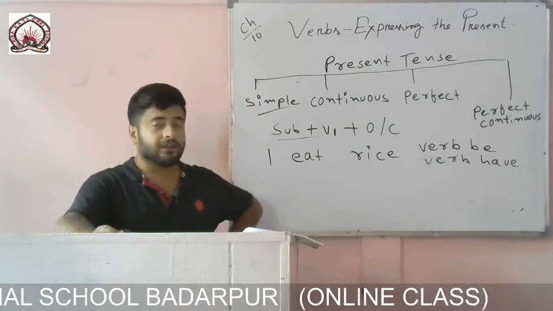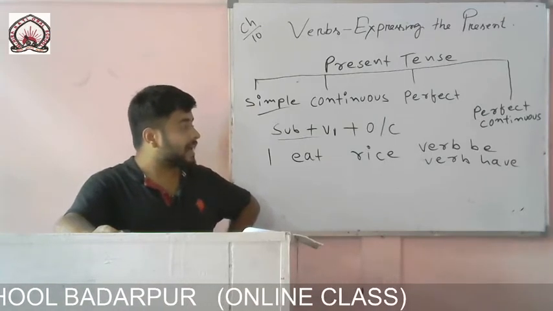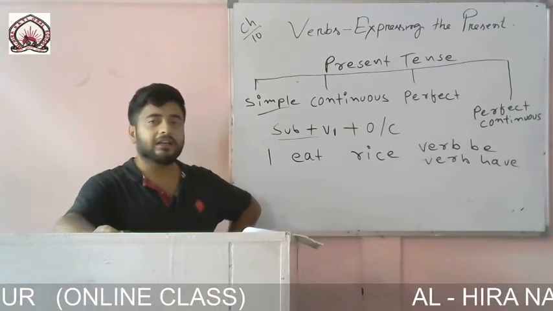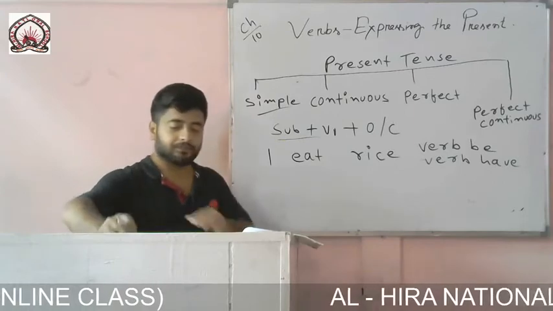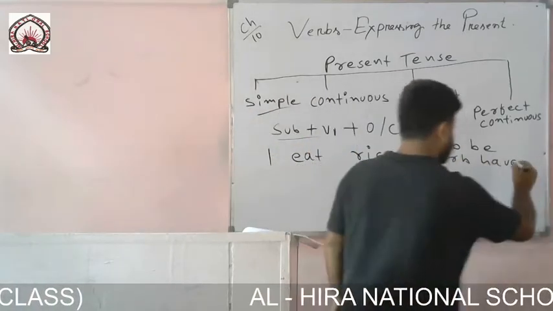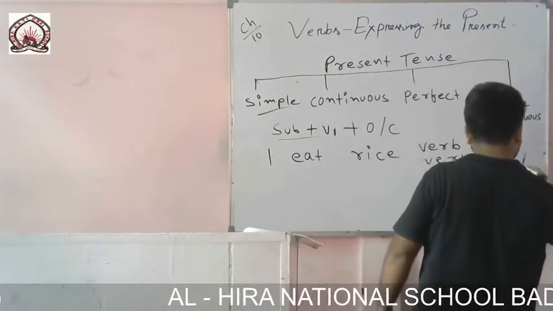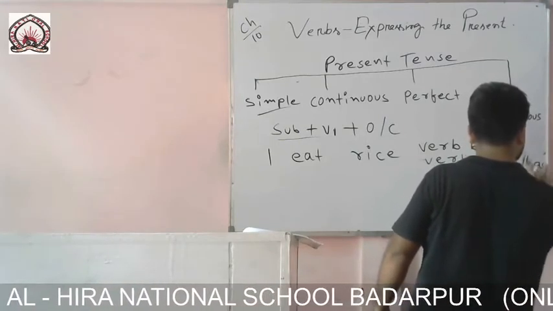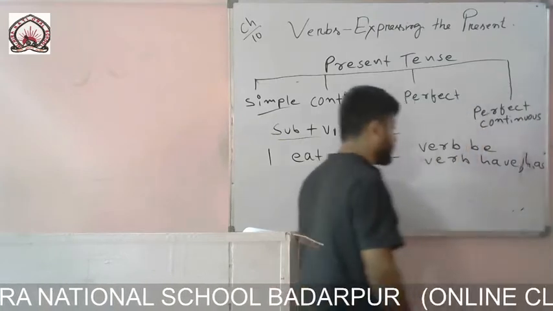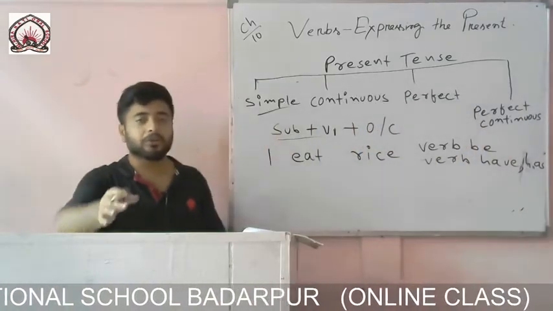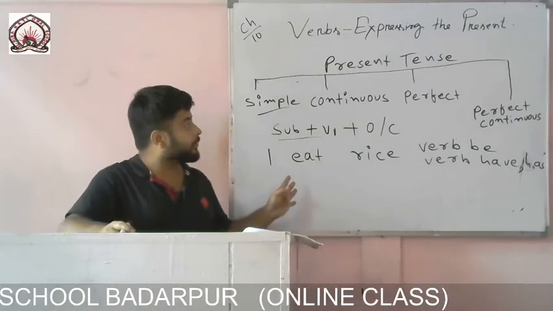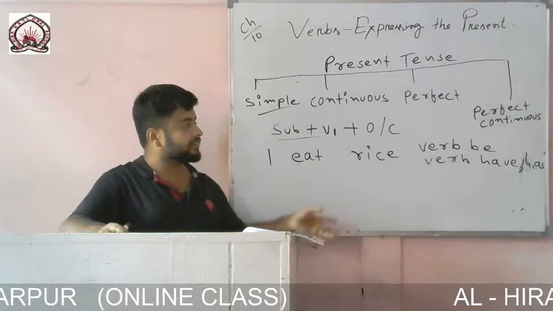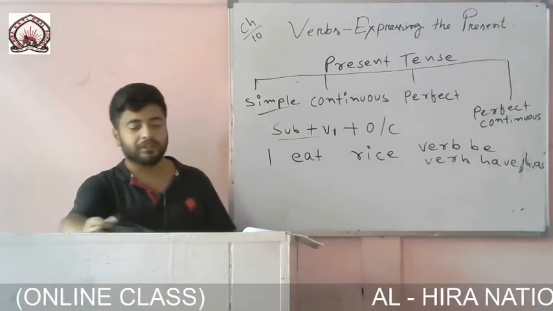And if we get verb be or verb have: verb be is am, is, are, and verb have is have or has, H-A-S, has. These are actually auxiliary verbs. So in simple present, in place of a direct verb, sometimes in some sentences we will get have or am, is, are.